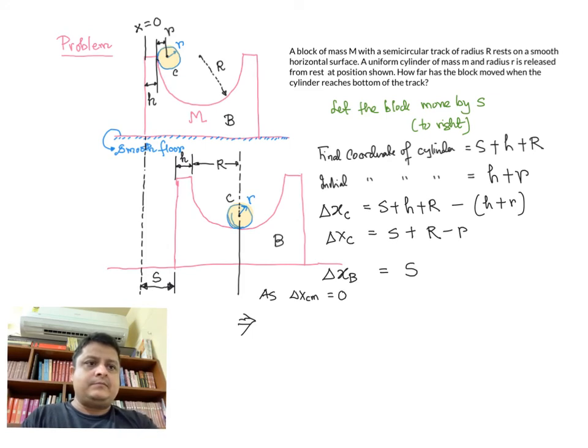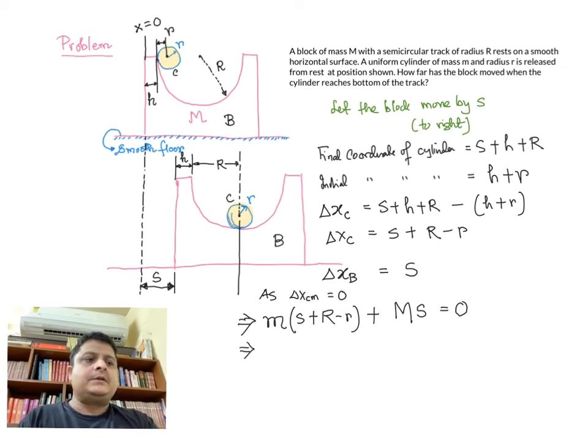mass of the cylinder m multiplied by shift s plus capital R minus small r, plus mass of the block capital M multiplied by s is equal to 0.